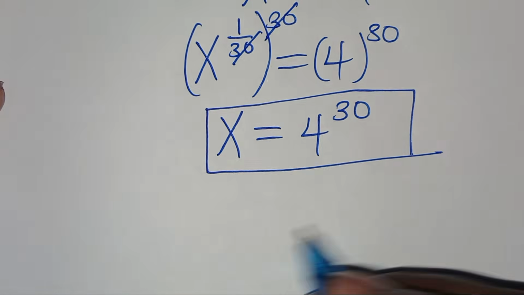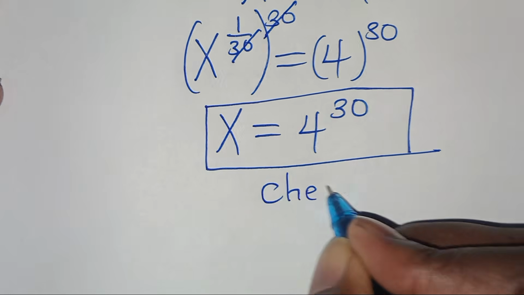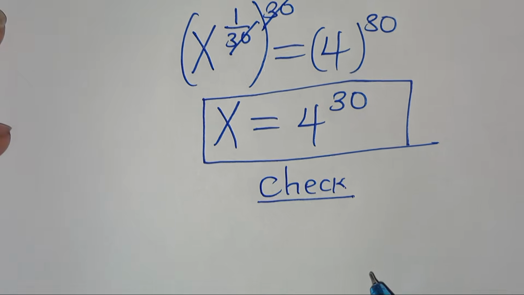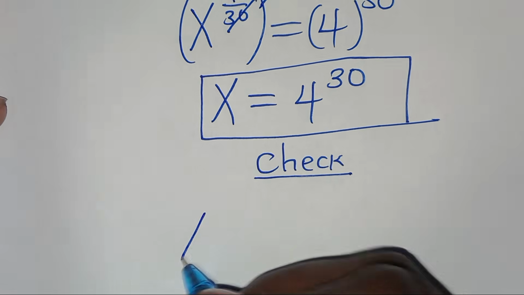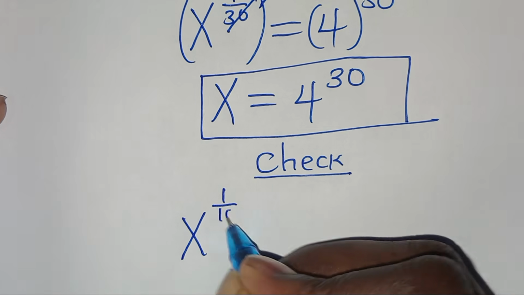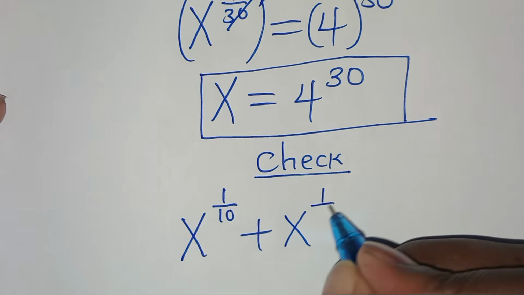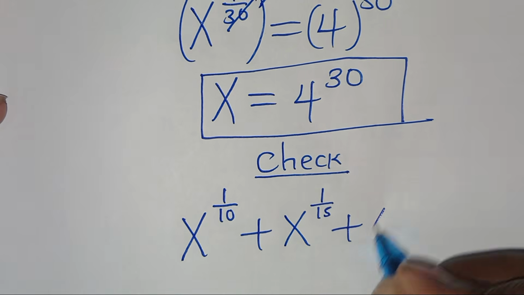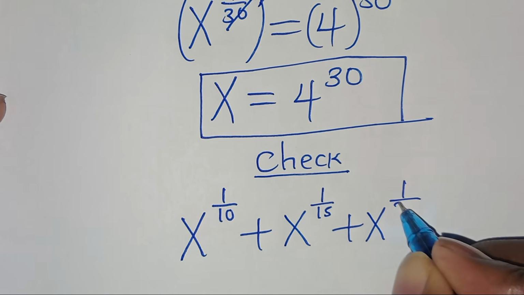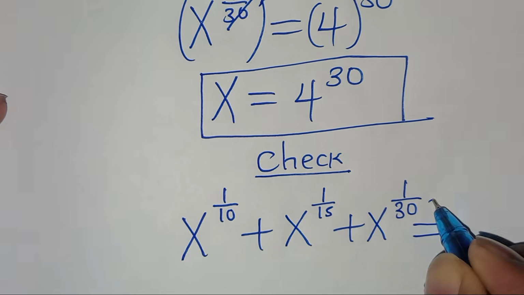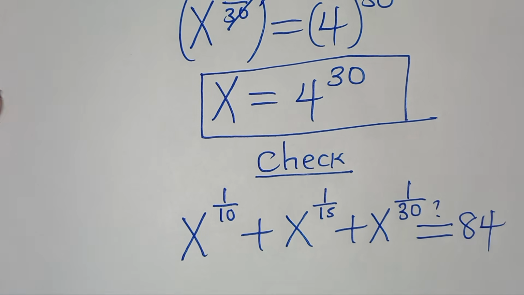Now, the next step is to check if this value of x satisfies the equation. We have x raised to the power of 1 over 10 plus x raised to the power of 1 over 15 plus x to the power of 1 over 30. This is supposed to give us a value of 84.